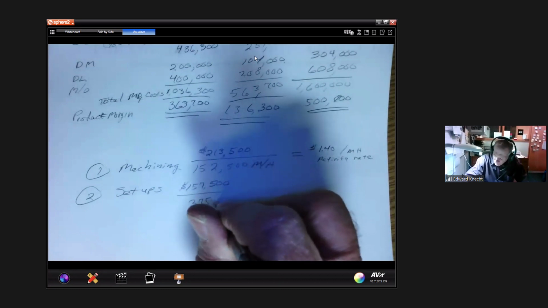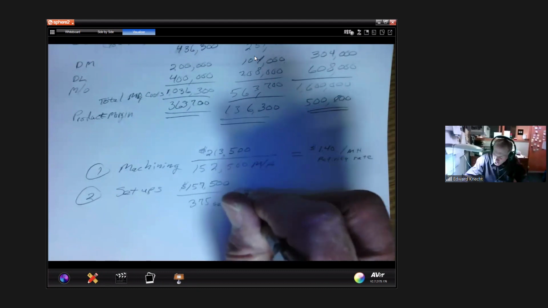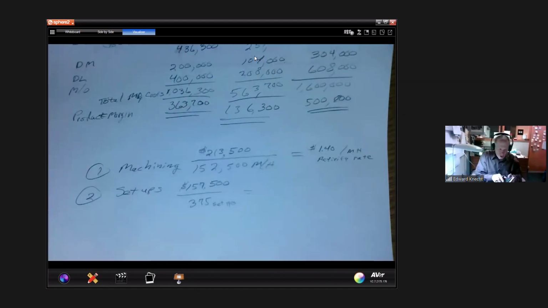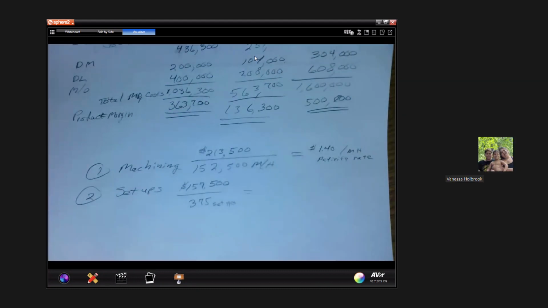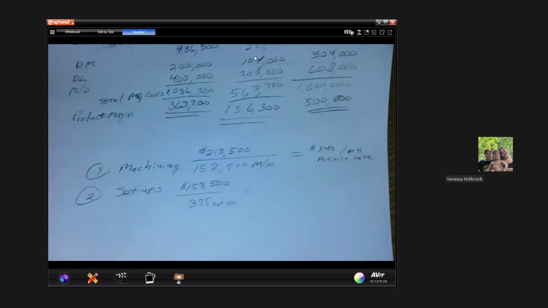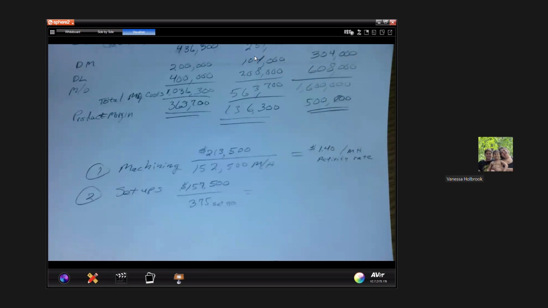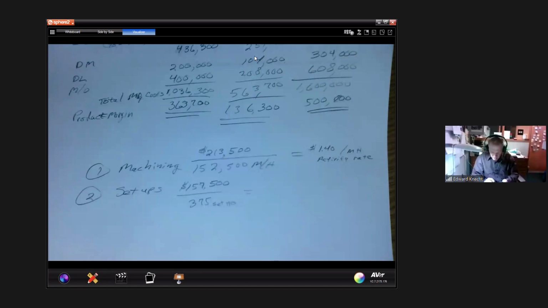So setup, that's a batch thing. So for every batch, what did you come up with? 420. I'm going to see if I get the same on my calculator. Oh, my calculator shuts off automatically. Got to turn it back on. 157.5 divided by the 375 setups.